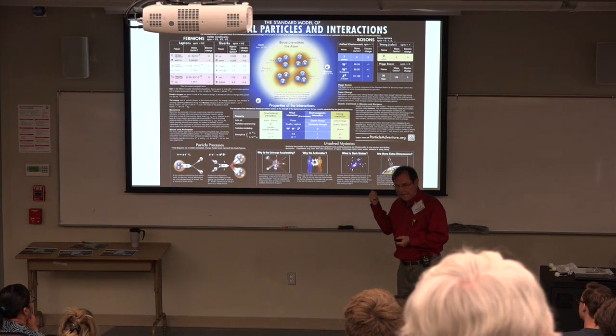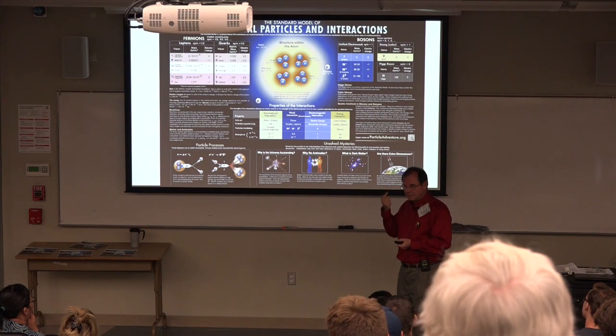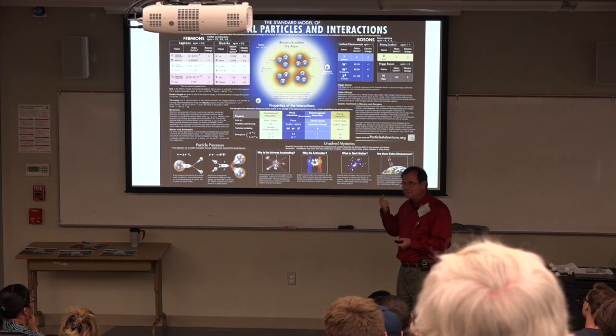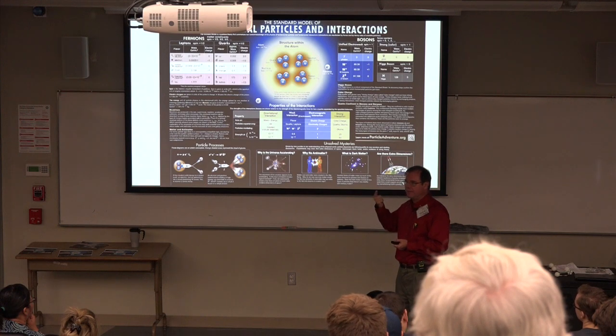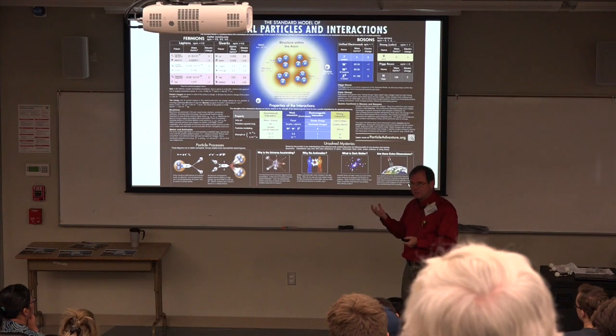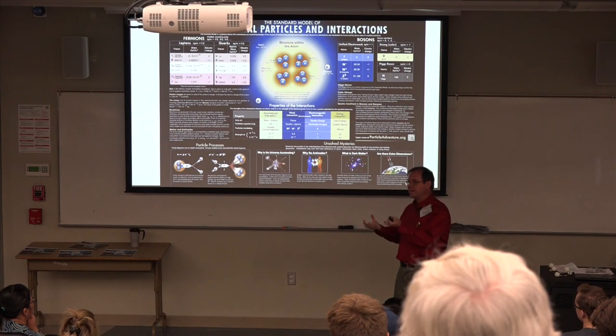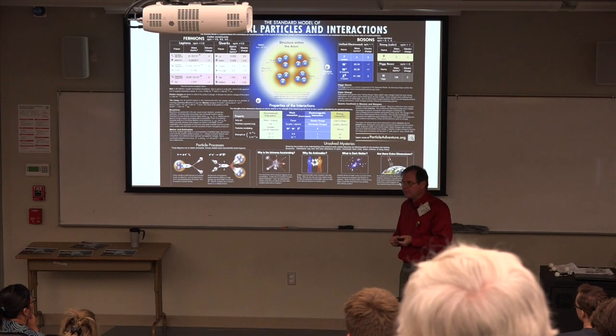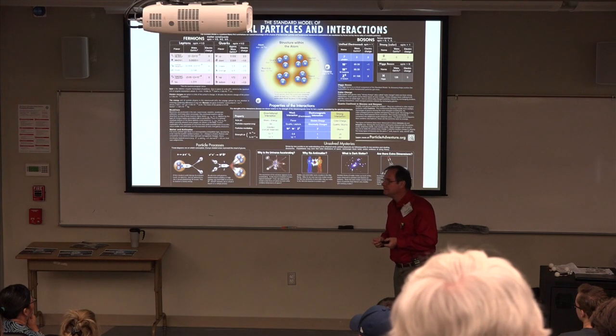So far as we can tell, things like electrons and quarks have no internal structure. They seem to be point-like particles. They've got no size to them. And if you see something that has a finite size, that's pretty much an indication that it's made of other stuff.